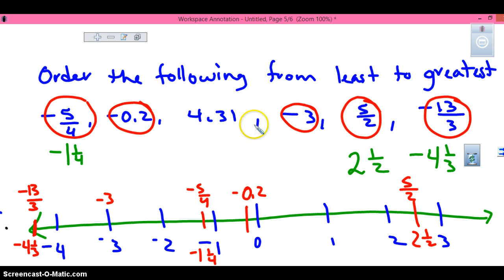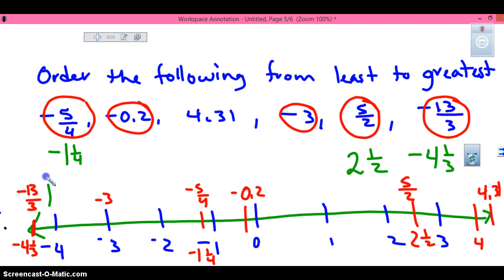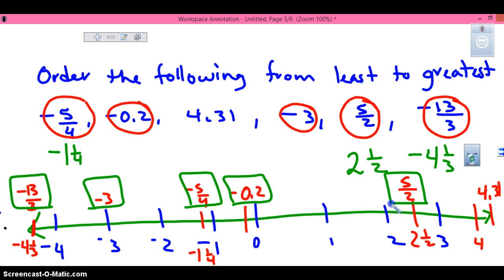And we've got 4.31, so 4.31 should be around here. So have we ordered these in order from least to greatest? Using the number line helps to place these in order from least to greatest. Something else we could have done was change all the fractions into decimals, and that would help us order the numbers from least to greatest.